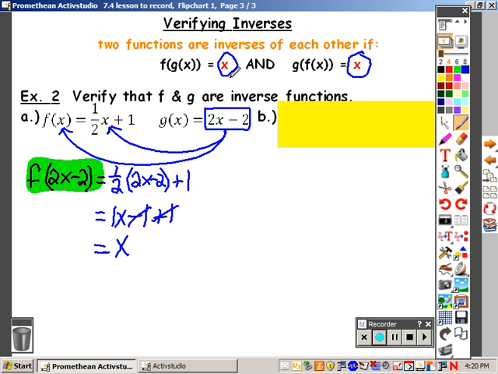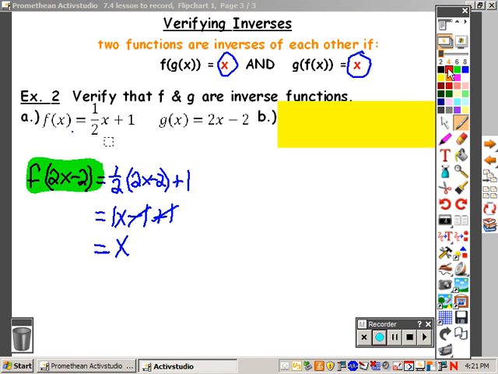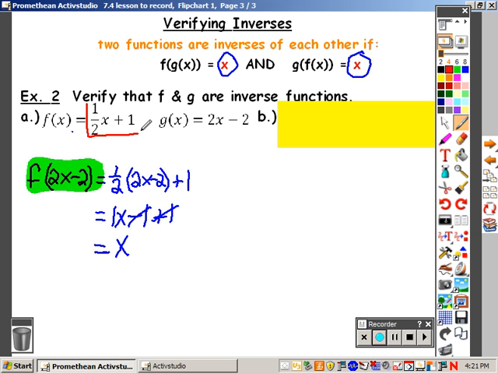Well, now I have to go the other way. Now, I'm going to use a different color, so let's erase this box right here, and erase these little arrows. Now we have to go the other direction. This time, who goes in the box? 1/2 x plus 1. Because now, look up here, it says g of f of x. I have to take this equation and put it in for x on the other one.